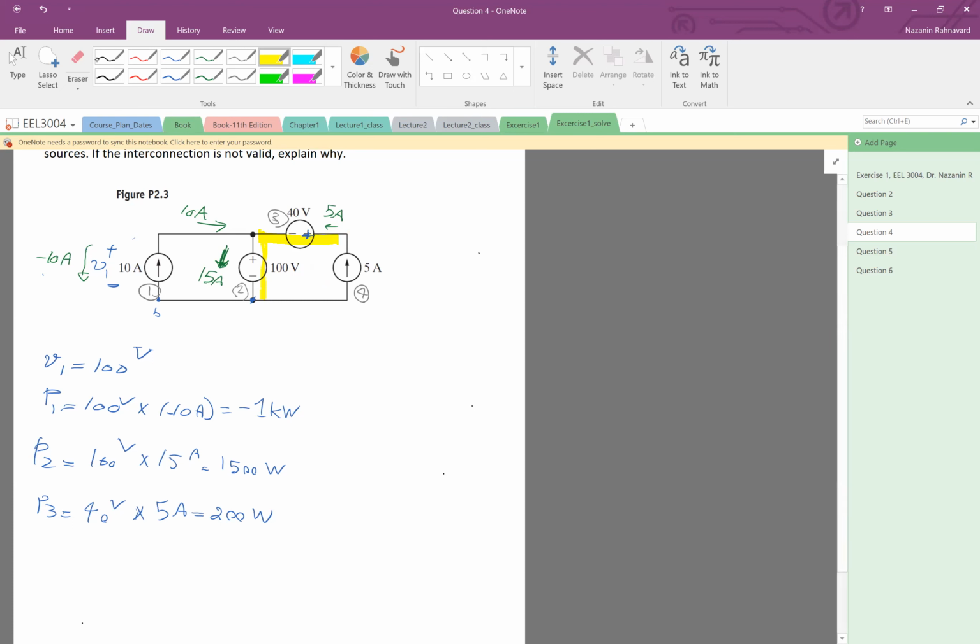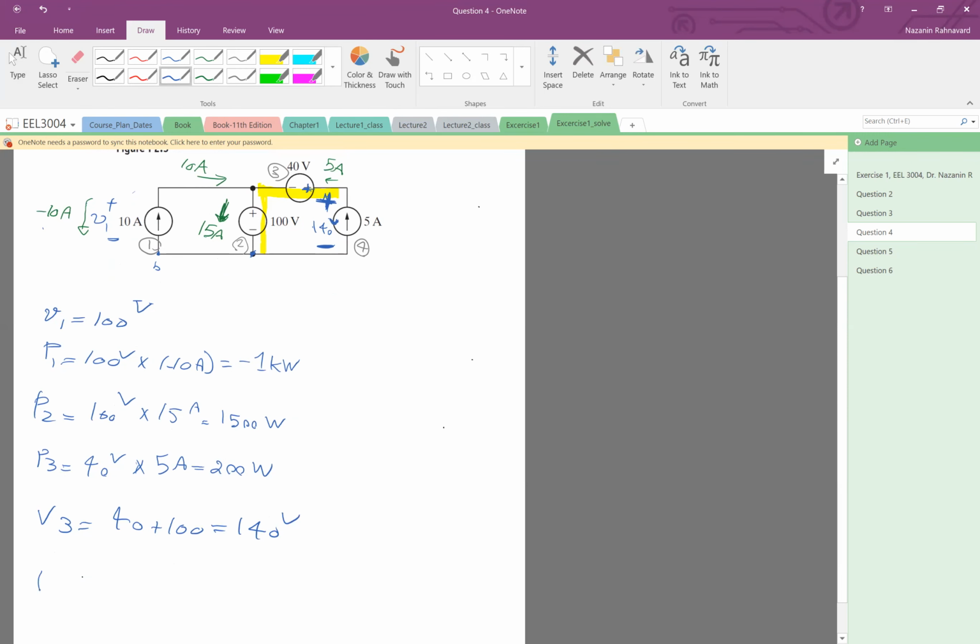So the whole voltage from this terminal is 40 plus 100, which is 140 volts.